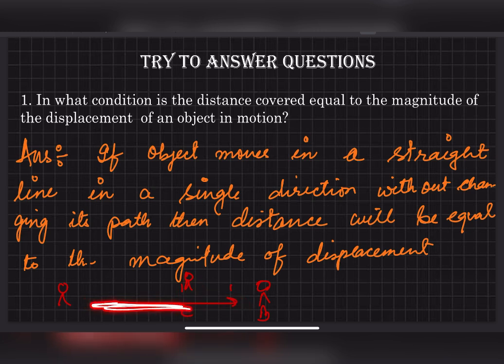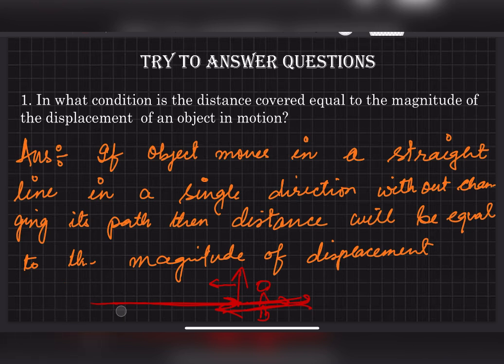Displacement is only this one. So they are not equal. What is important is that you must travel in a straight line, must not change direction, and must not come back. Then distance and displacement are equal. I hope you are getting my point.